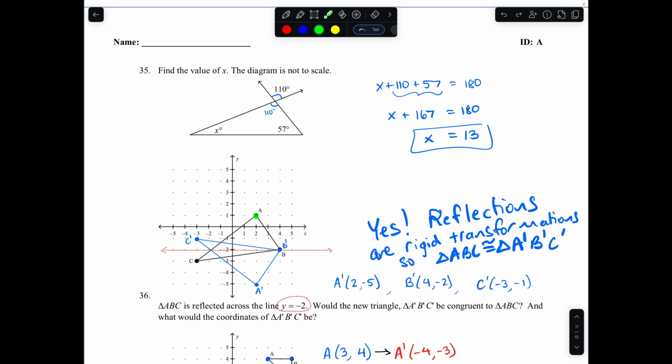A, on the other hand, is 1, 2, 3 units away from the line of reflection. So we're going to go 3 units away in the opposite direction, and that'll be A prime. And its coordinates are going to be 2, -5. And then C is down here. It's 1 unit away from the line of reflection, so C prime will be 1 unit away in the opposite direction. So C prime will be at -3, -1.